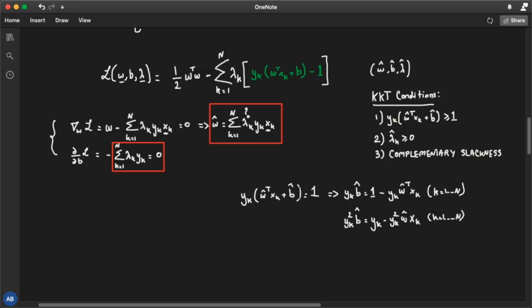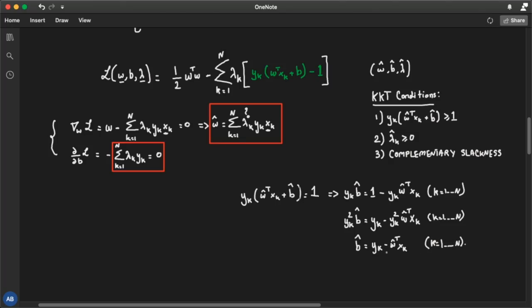Notice that yk square is nothing other than 1 because yk is either plus 1 or minus 1. So I get b hat equals yk minus, I forgot a transpose here, w hat transpose xk. And this applies for all k, going from 1 down to n.